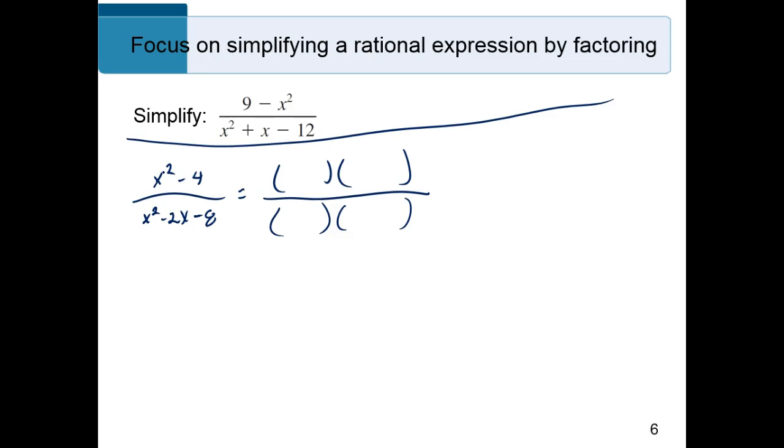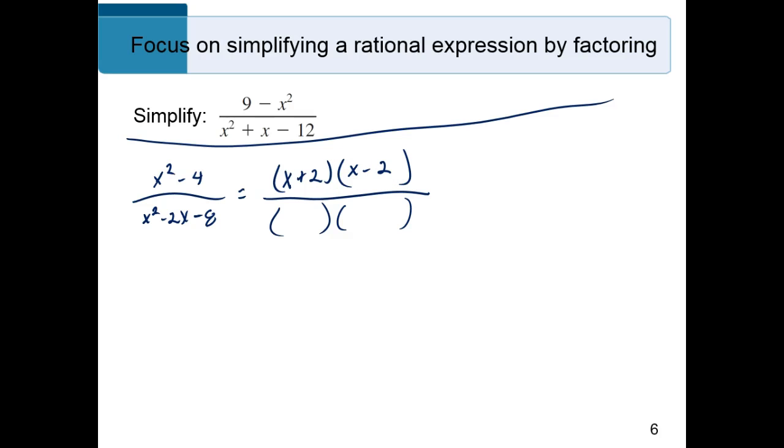X plus 2 times x minus 2. Yes, it was factorable. How about that denominator?